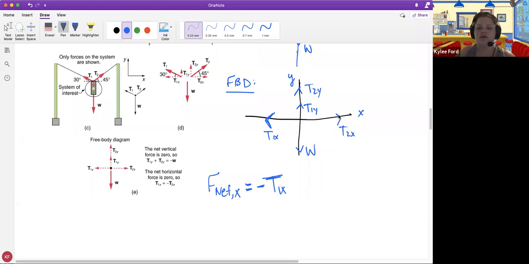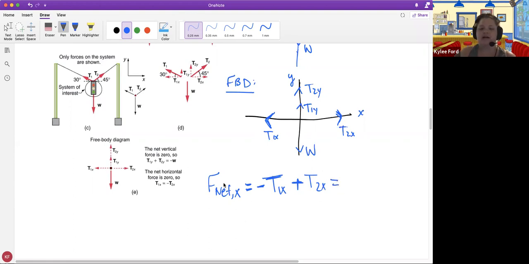Okay, and that one is actually in the positive direction. So I will leave a plus sign there. Whoops. Accidentally, I was going to write an F, but it's T2X. Okay. So that starts my first equation.